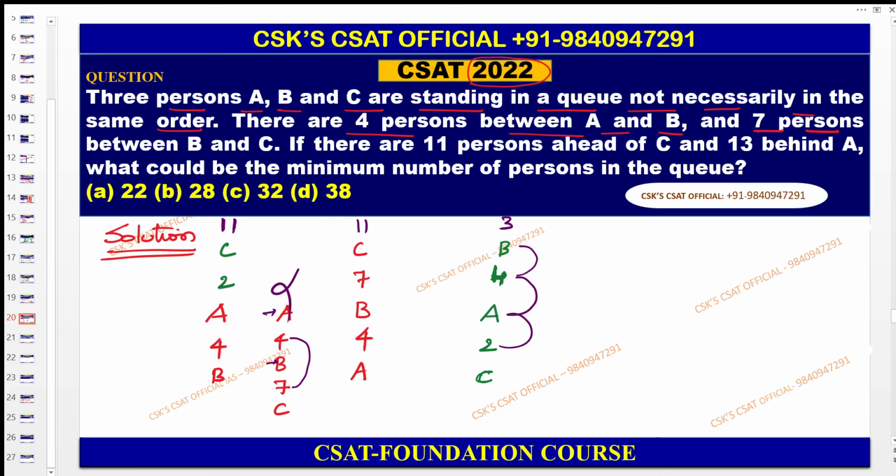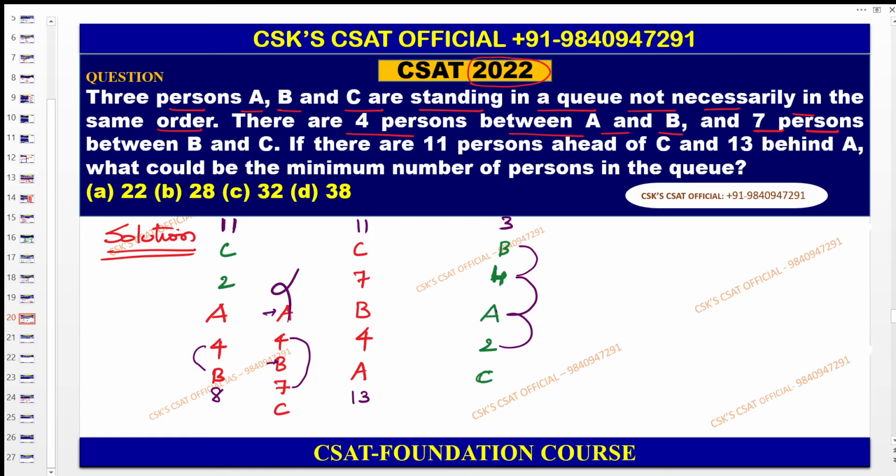Okay. So now, move on to the 13 behind A. 13 behind A. So here, how many? 5 here. So therefore, we have to put 8. Now, put a 13 behind A. So now, A is there.